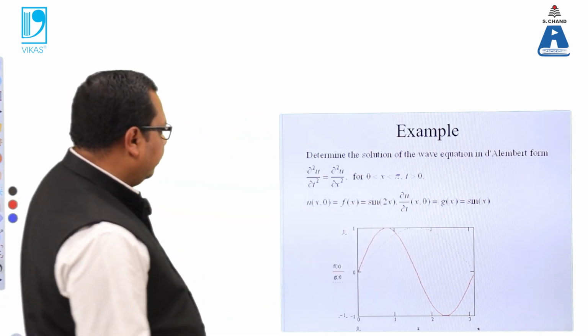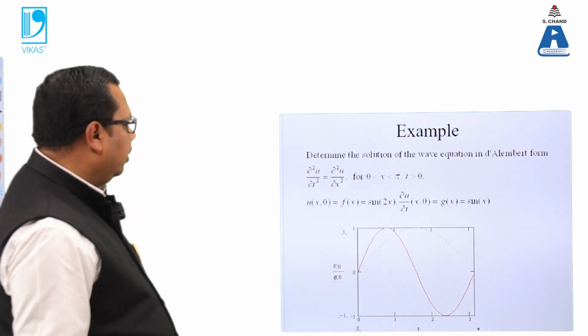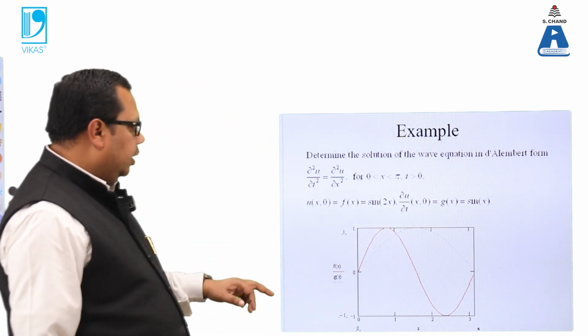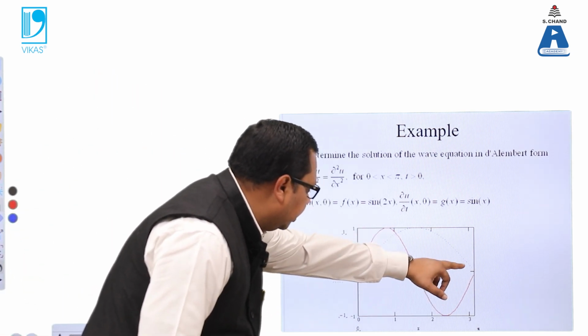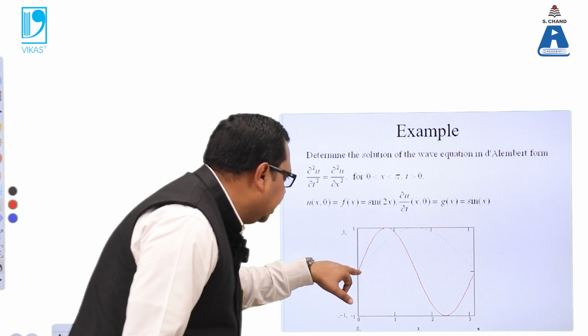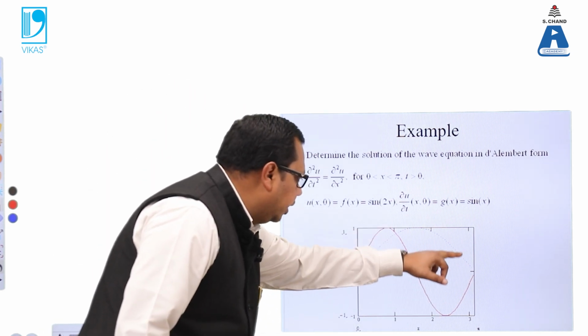In this graph we can see the variation of the particular wave, starting from 0, then going here, then coming here, and then going here. So 0 is the mean point, and from 0 the variation is occurring in the wave.